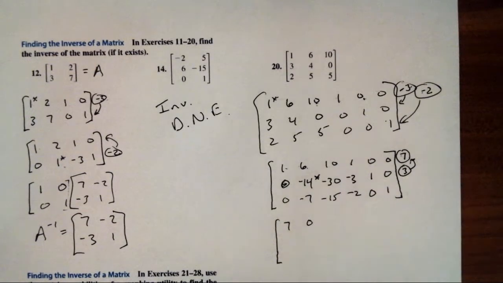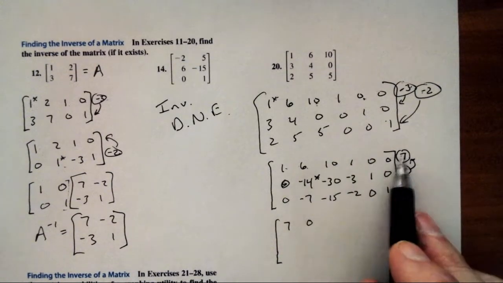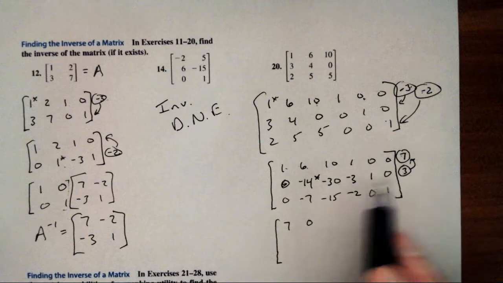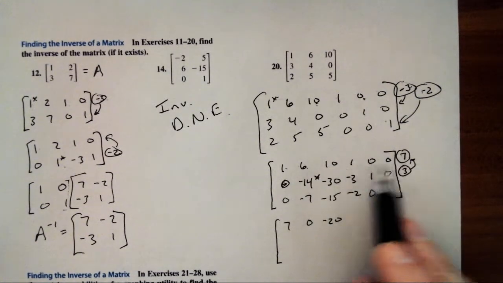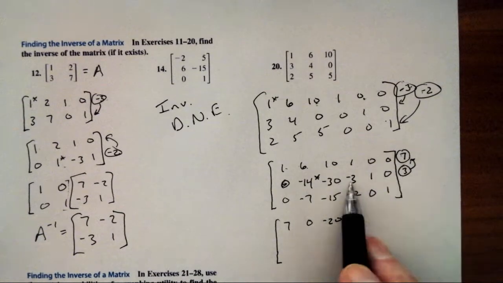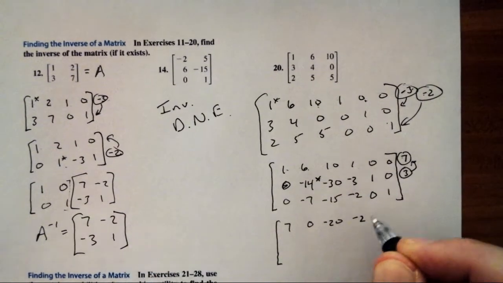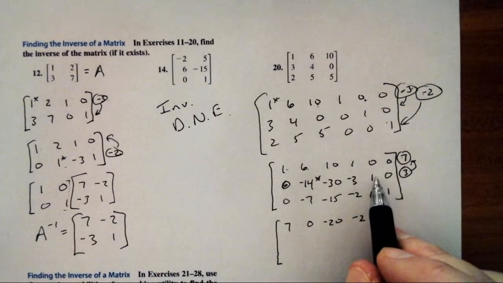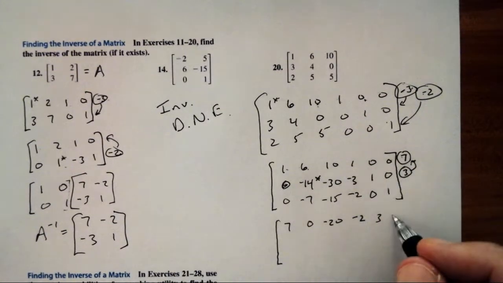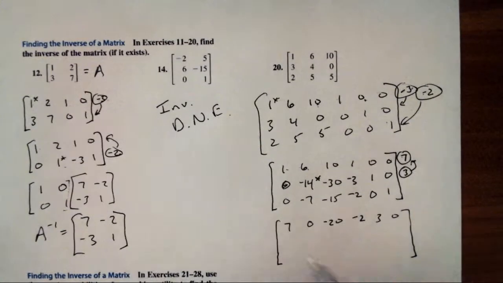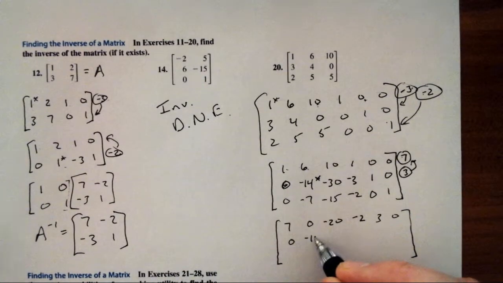Well, we knew that was going to happen. 70 and negative 90. 70 minus 90, negative 20. 7 and minus 9, negative 2. 0 and 3, 3, 0 and 0, 0. The top row does not change.